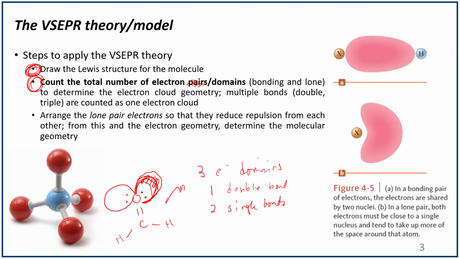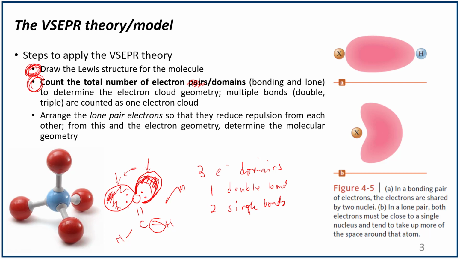So the space occupied by those electron pairs is much bigger compared to the space occupied by these 2 bonding electrons. Since all of them are negative charges, this lone pair on the left and this lone pair from the right want to be as far as possible from each other.